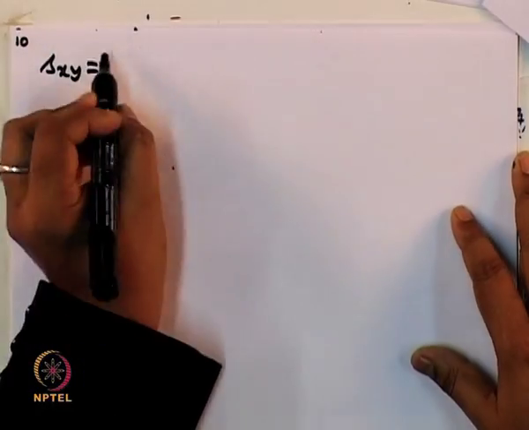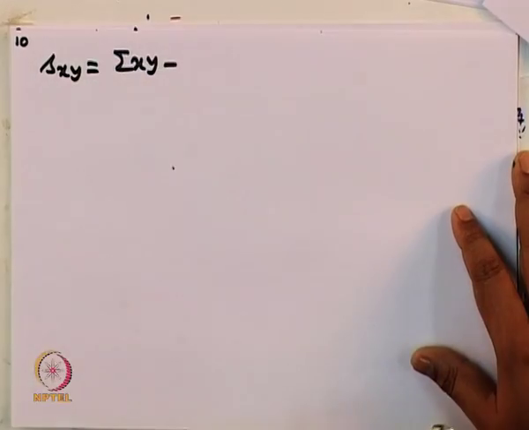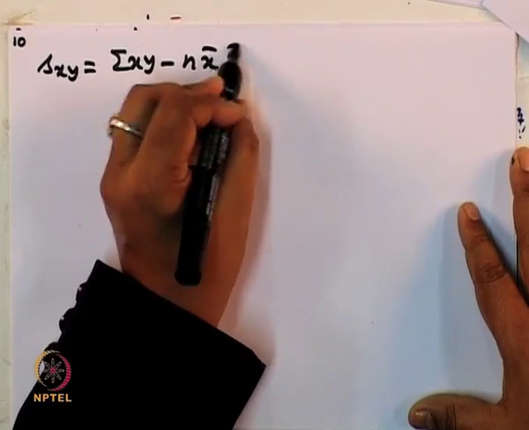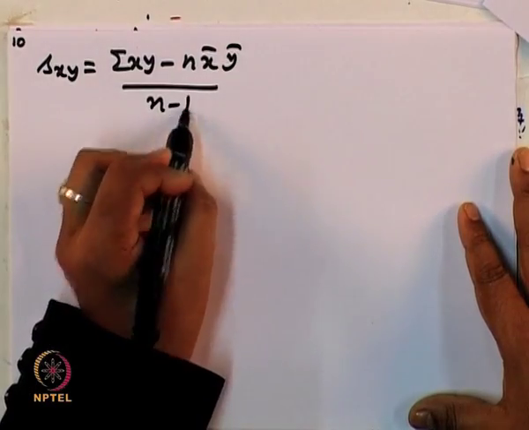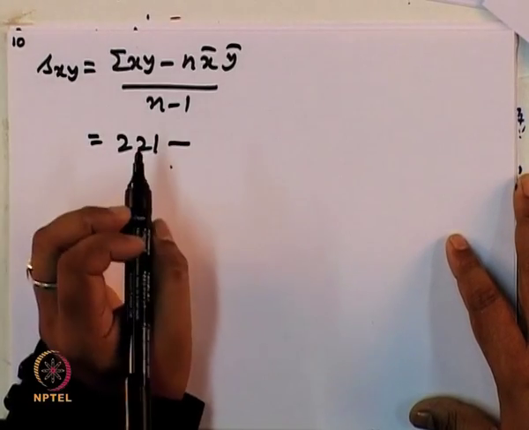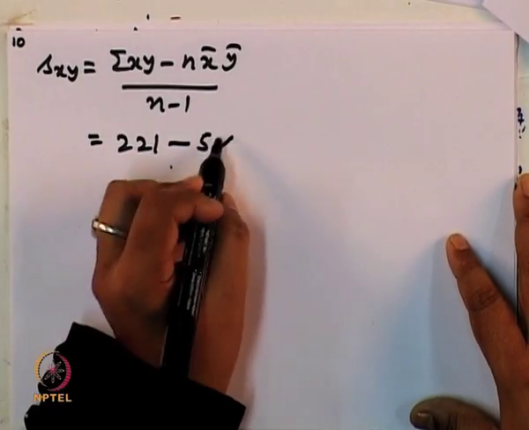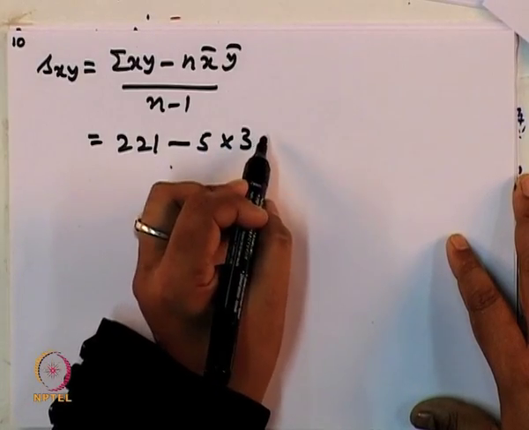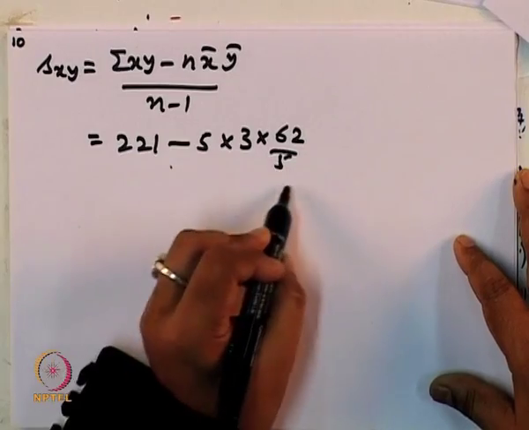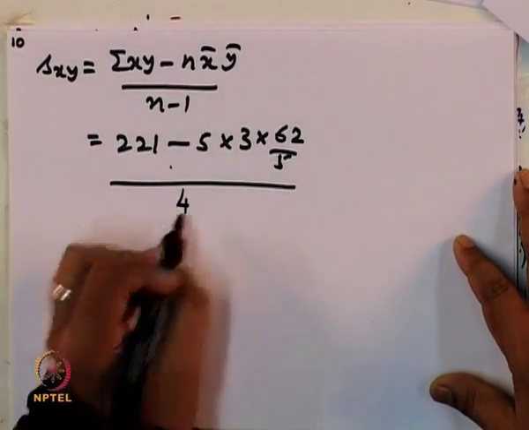So, I can find out the expression for S xy. S xy is equal to summation xy minus n x bar y bar, divided by n minus 1. So, summation xy is 221 minus n is 5, x bar is 3 into y bar is 62 by 5, whole divided by n minus 1, which is 4.